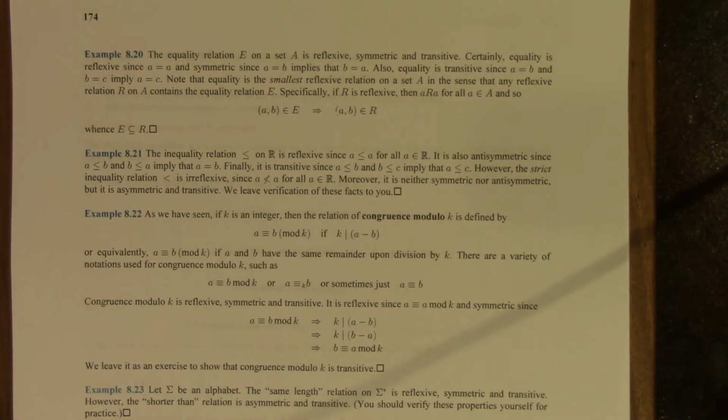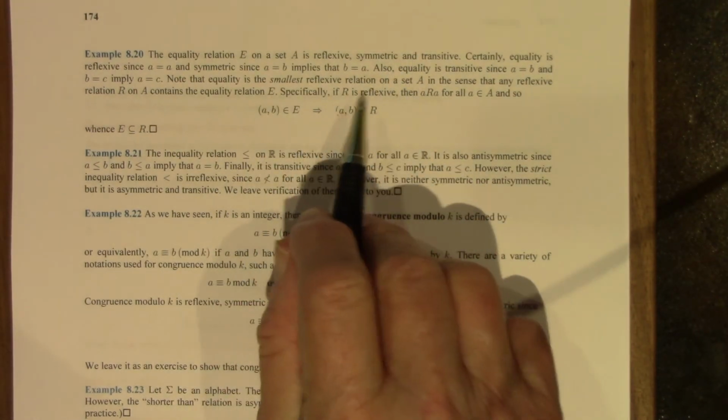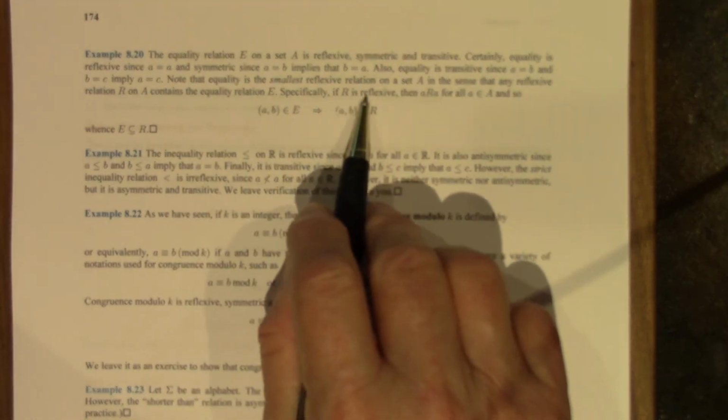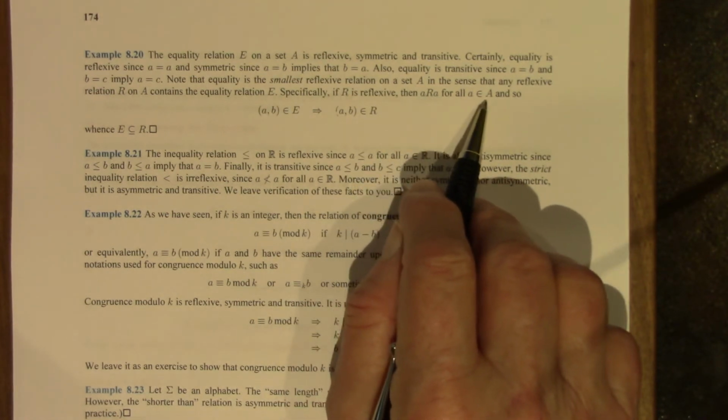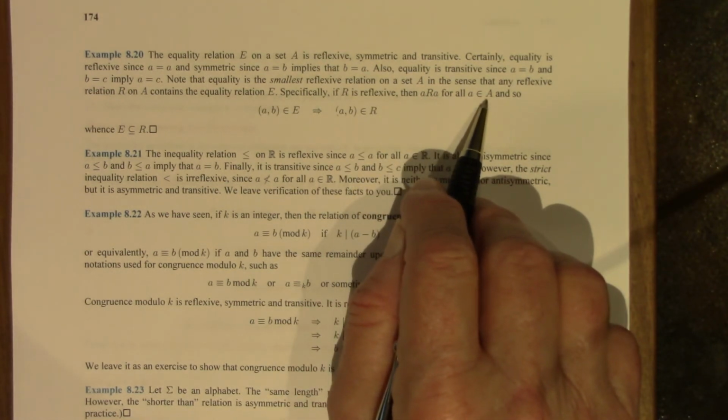Actually, equality is the smallest reflexive relation on a set A, in the sense that if R is any reflexive relation on A, then E is contained in R. So say R is reflexive, so that means A R A for all A in the underlying set.